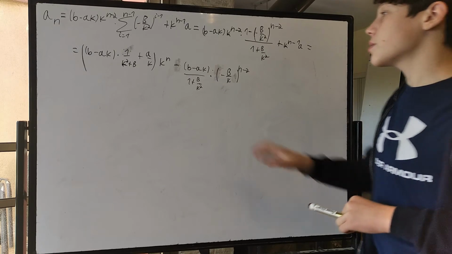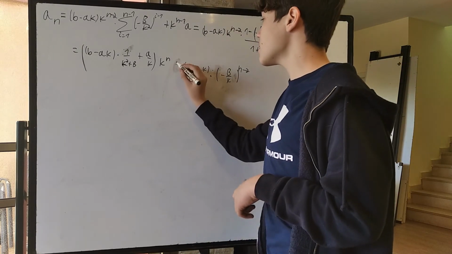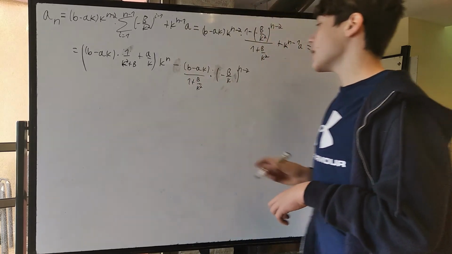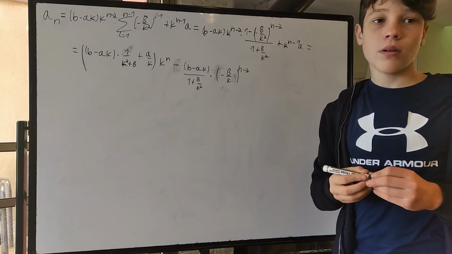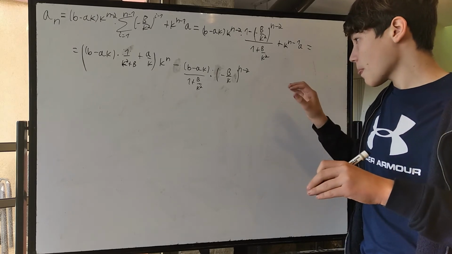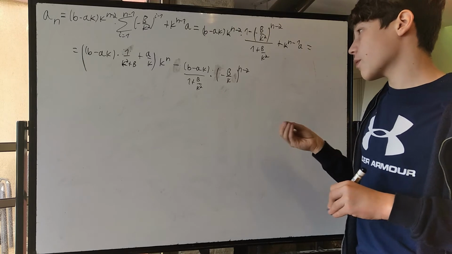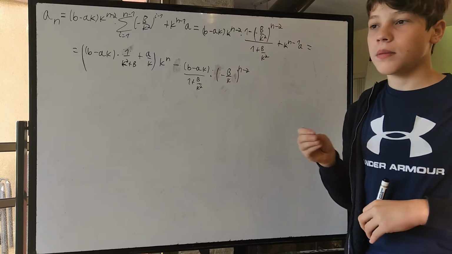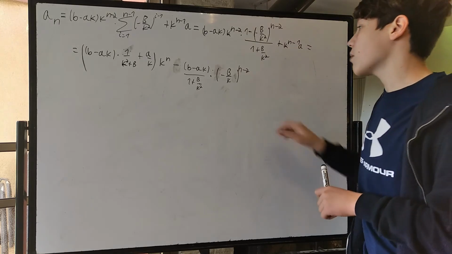So these are the two coefficients for k to the n, negative b over k to the n minus 2. Now I'll multiply top and bottom by negative b over k, by b squared over k squared, just to make this a power of n.